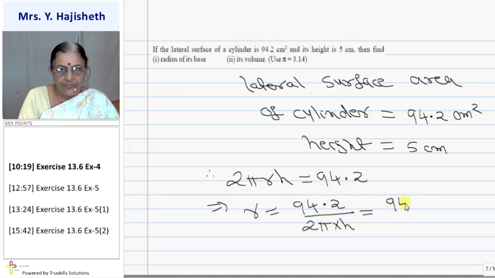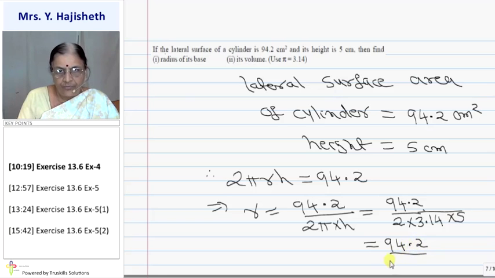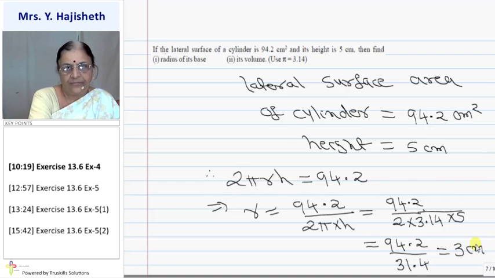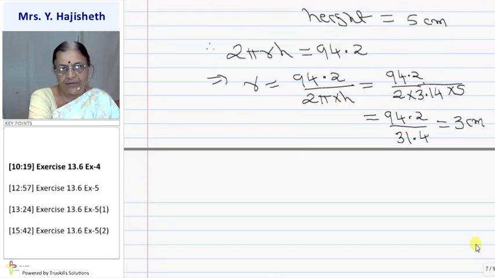So, it is 94.2 upon 2 into 3.14 into H matlab 5. Okay? So, it is 94.2, 5 2 ja 10 into 3.14. So, 31.4. So, cancel करो 3 से हो जाएगा cancel. Clear? I get radius is 3 centimeter.